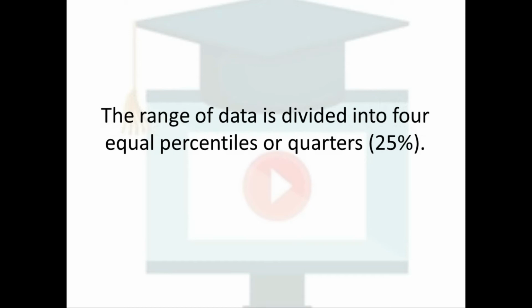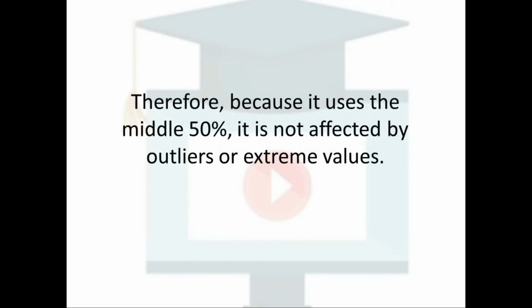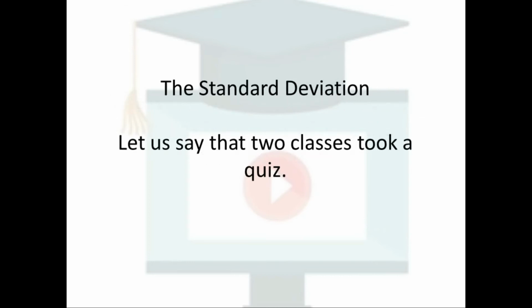The range of data is divided into 4 equal percentiles or quarters. 25% is the range of the middle 50% of the data. Therefore, because it uses the middle 50%, it is not affected by outliers or extreme values. The IQR is often used with skewed data as it is insensitive to the extreme scores.